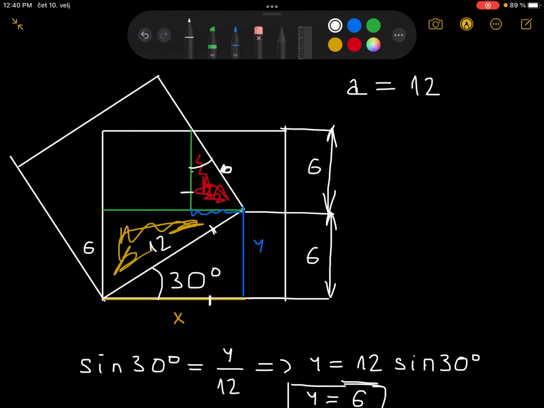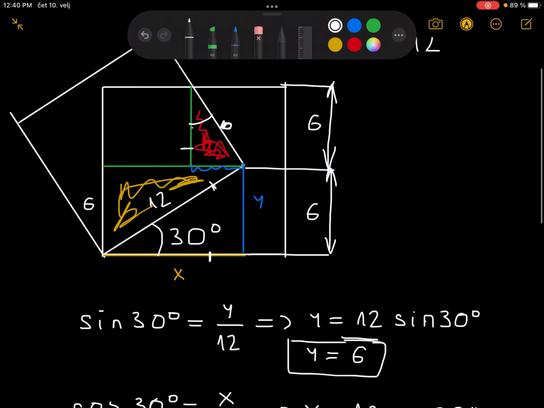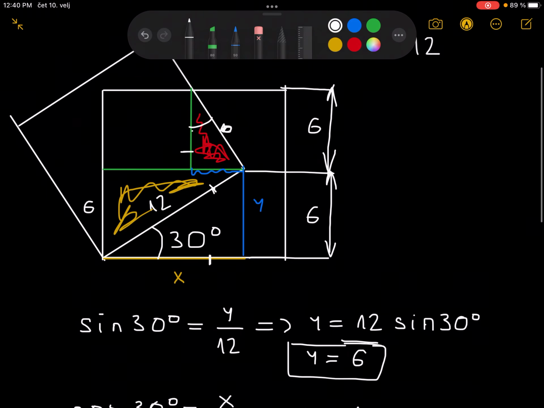So this 6 over x is equal to, let's call this value here z, 6 over x is equal to z over 6.